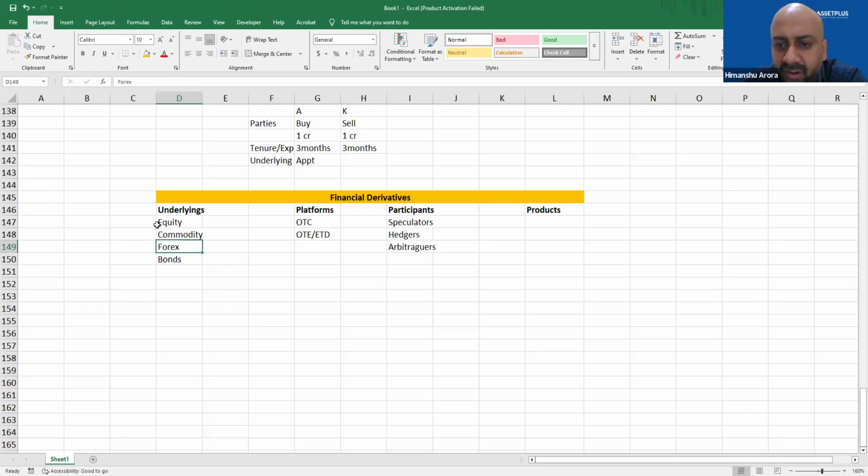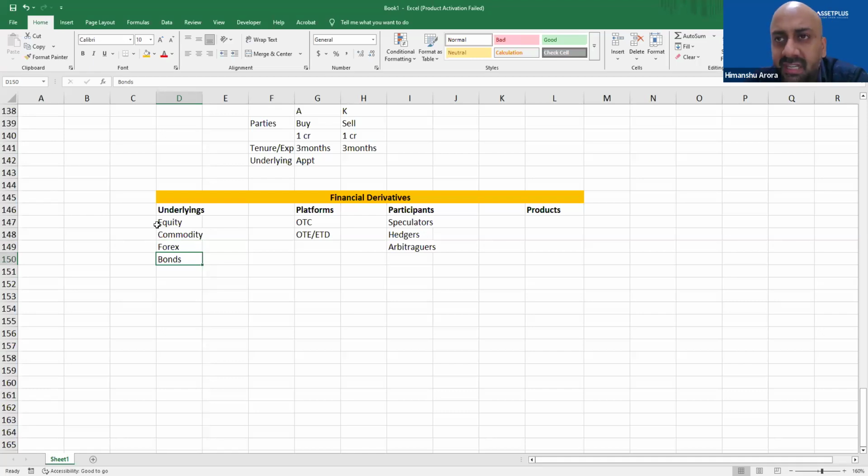But the dollar price may be different from what it is today. So you enter into a contract with a banker to buy dollars 3 months from now at a predetermined price. That's an example of a forex derivative contract.